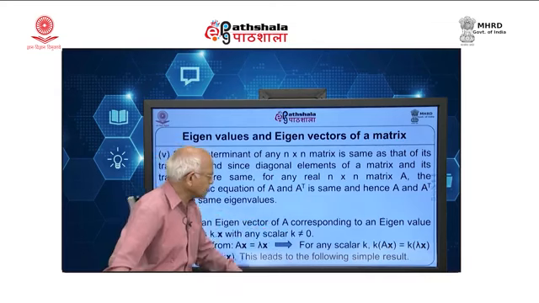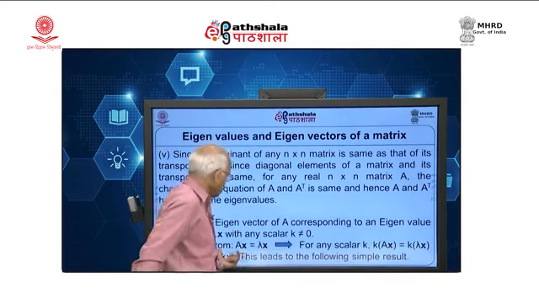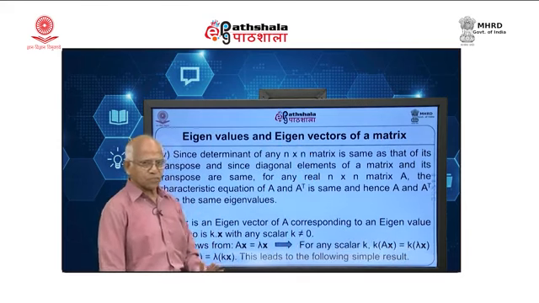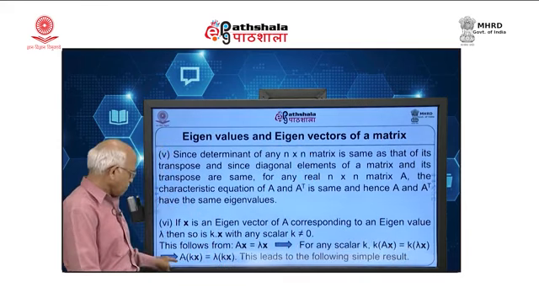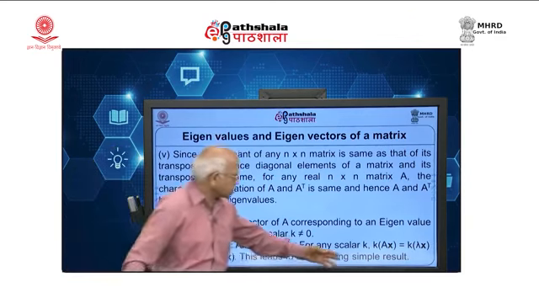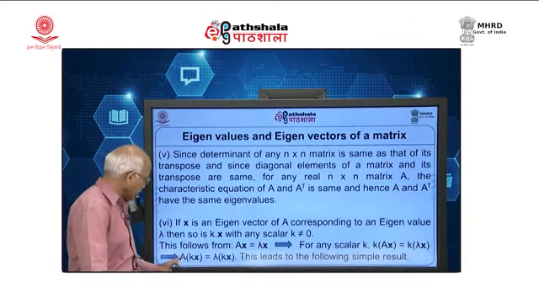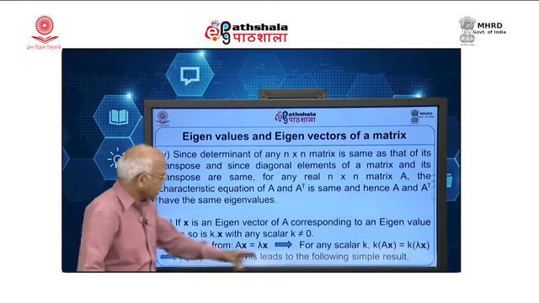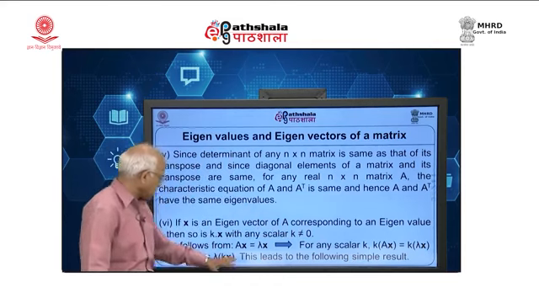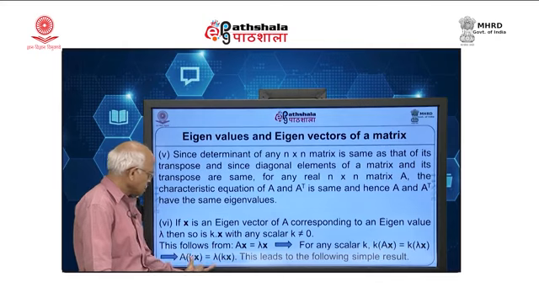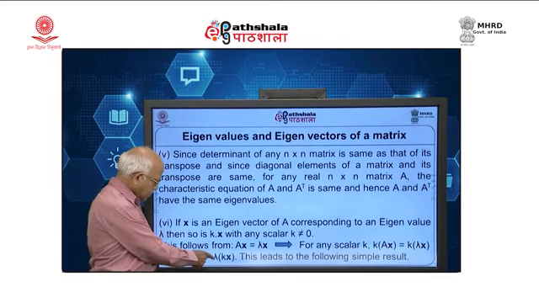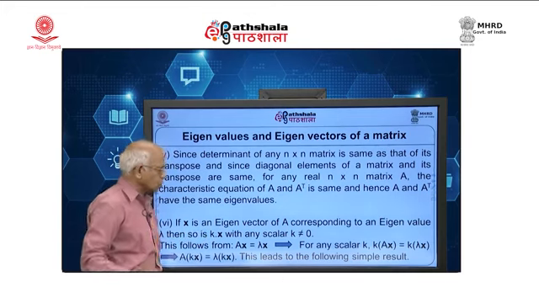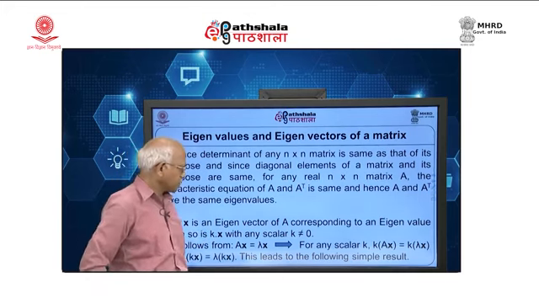That will imply that for any scalar k I can multiply on both sides, and I will get k A x bar equal to k lambda x bar. Because it is a scalar, we can say A into k x bar, so k can be clubbed with x bar, and lambda we can take out, and k x bar can be written in this particular format.